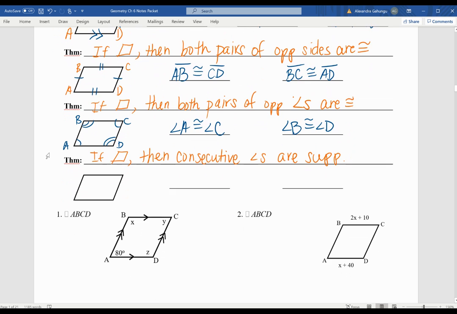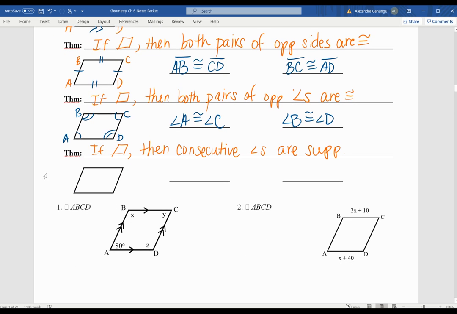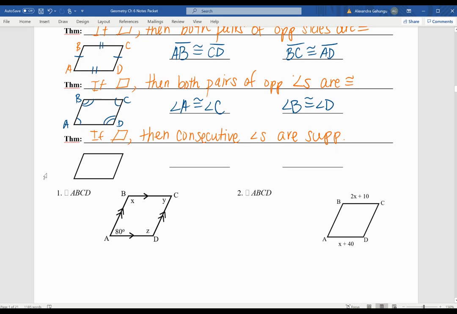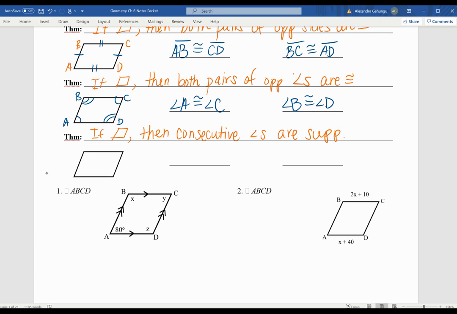The last piece of info, if we're given that we have a parallelogram, then consecutive angles are supplementary. And this kind of goes back to having parallel lines. So we have parallelogram ABCD, and obviously AB was parallel to CD, and then BC parallel to the opposite side, AD.